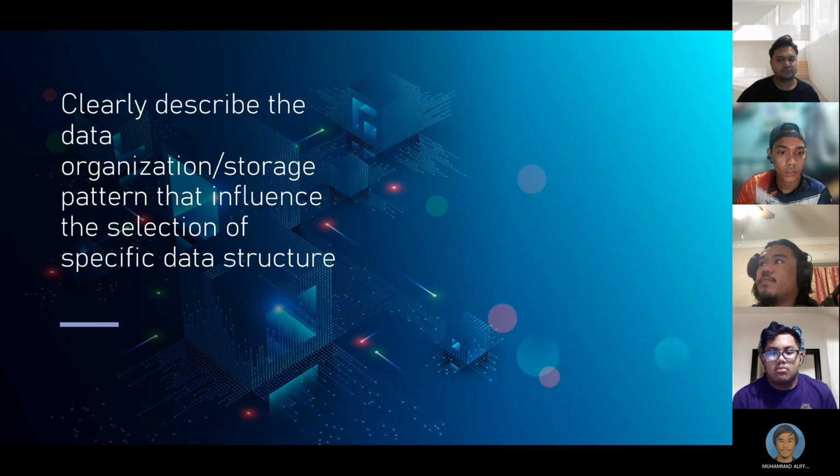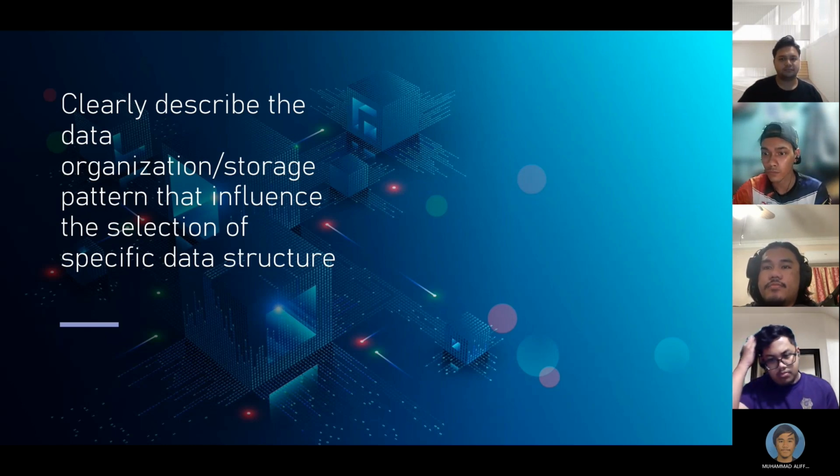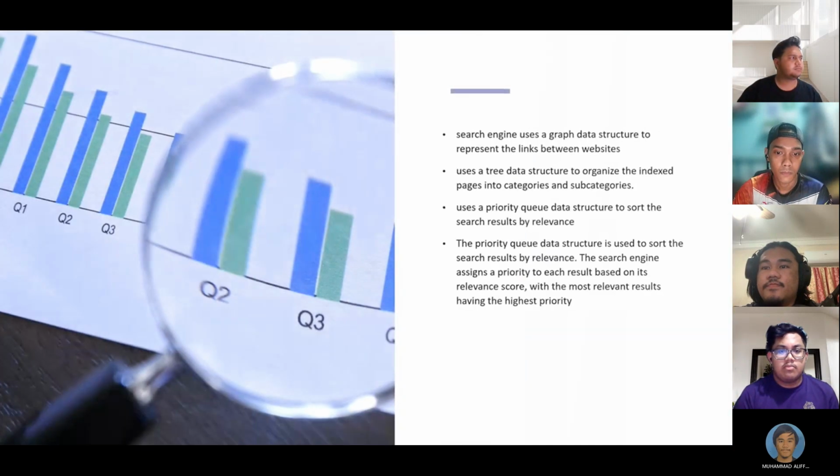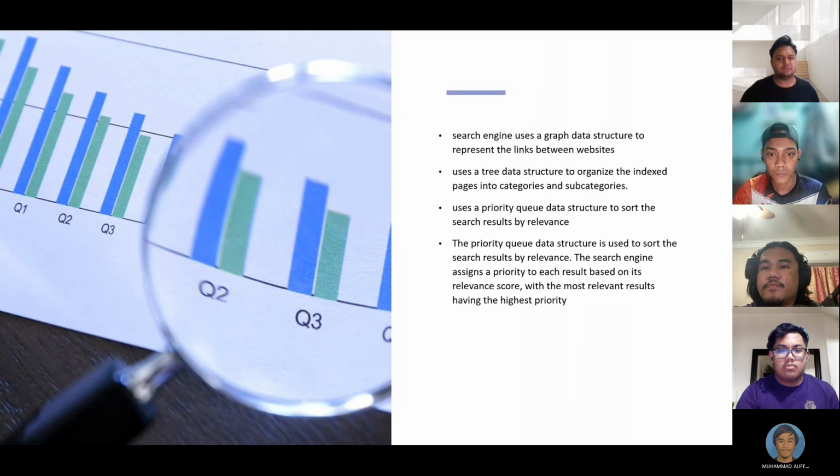For the second question, clearly describe the data organization storage pattern that influences the selection of specific data structures. We have 4 points here. First, the search engine uses a graph data structure to represent the links between websites. Second, it uses a tree data structure to organize the index pages into categories and subcategories.